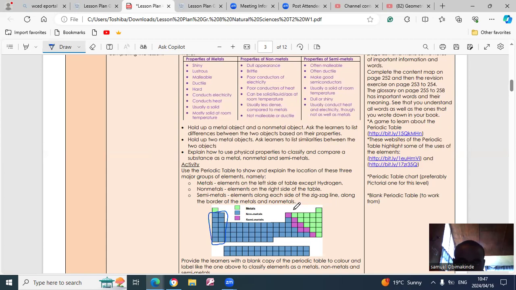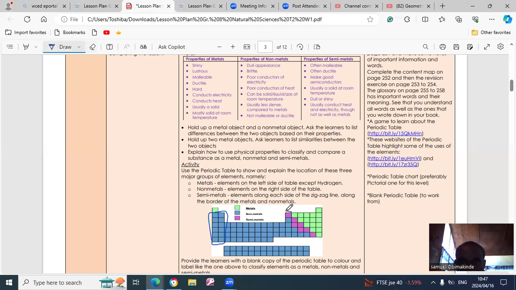Then we have non-metals, right? So remember, when you go past the transition elements, then all these elements in a diagonal, that is all these elements in purple color here, they will be semi-metals or metalloids. So let me do that again to avoid confusion.